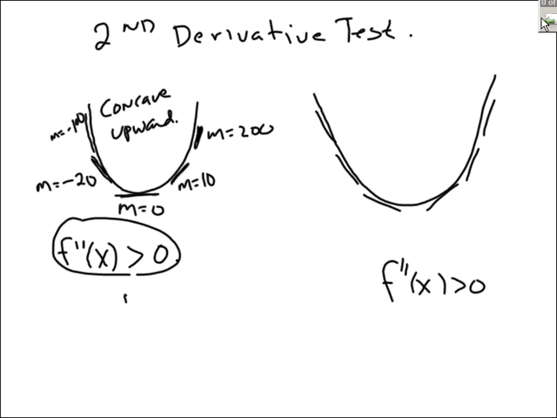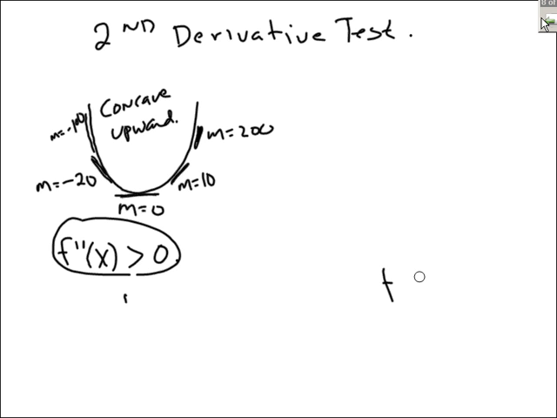Knowing the slope, knowing the first derivative, doesn't tell you if it's concave up or down. Knowing the sign of the first derivative gives you no information about the second derivative. For the record, knowing the sign of the second derivative gives you absolutely no information on the first derivative.